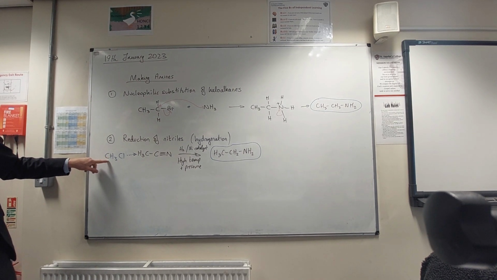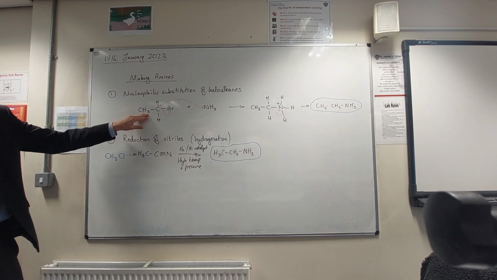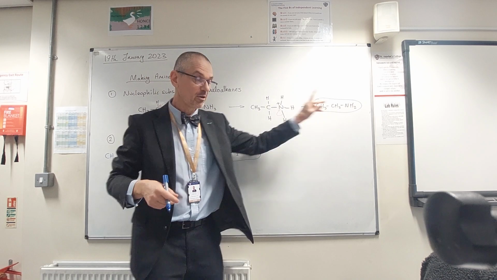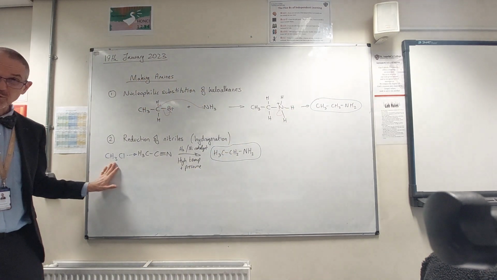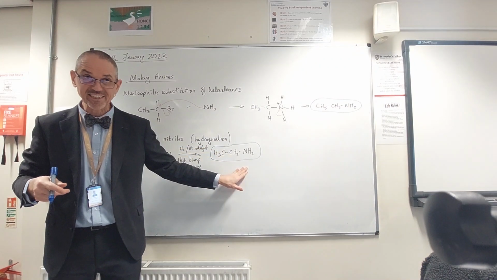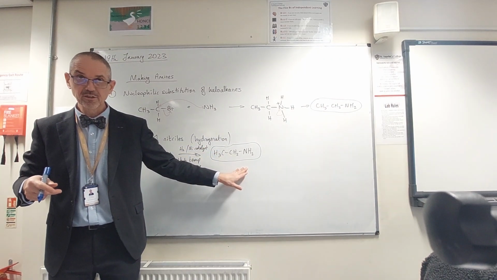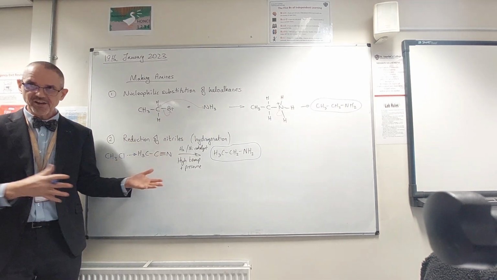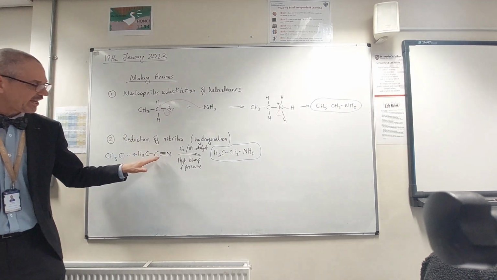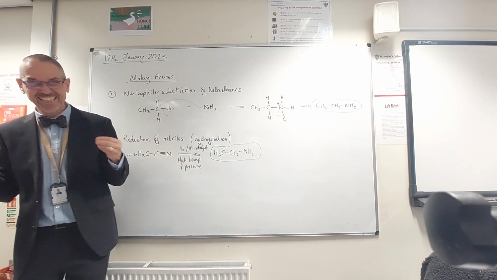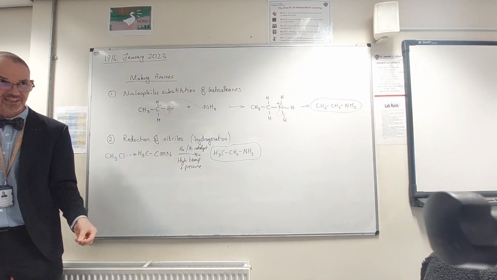What we notice is this route here starts off with 2 carbons. We're changing the functional group, but we end up with 2 carbons. Whereas this route here, start off with 1 carbon, then we add the nitrile, and then magically we've added another carbon. So the nitrile is not just another thing we can swap on, swap off. It's a functional group which does a very rare thing, which is to extend the length of the carbon chain.